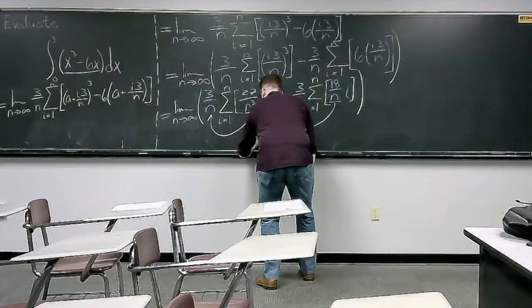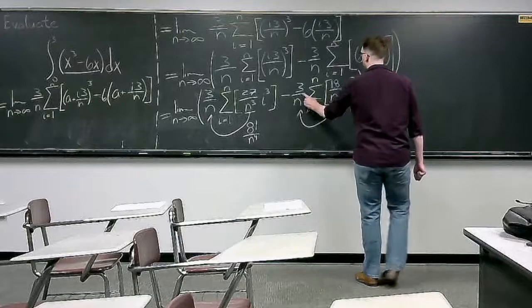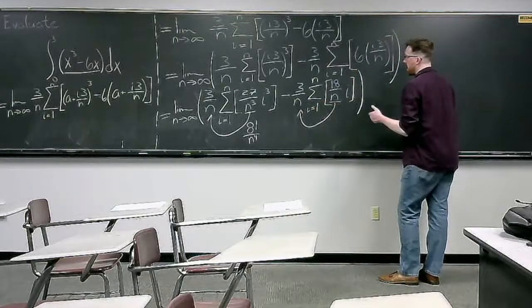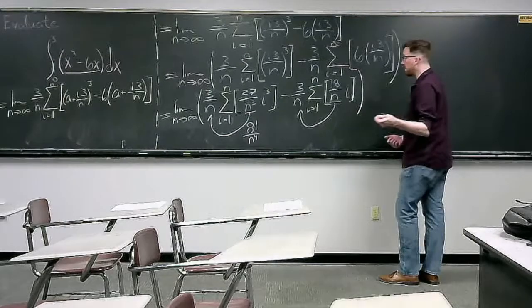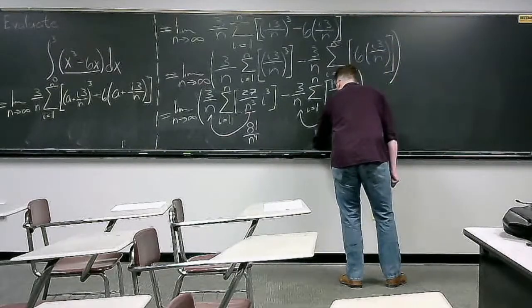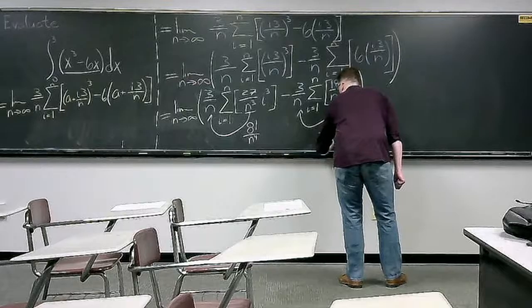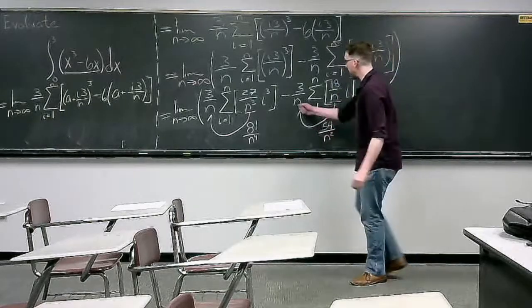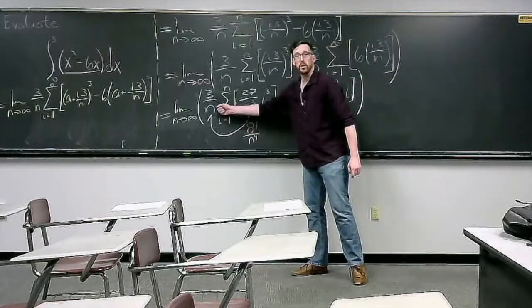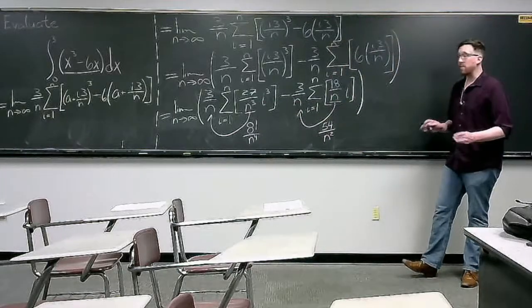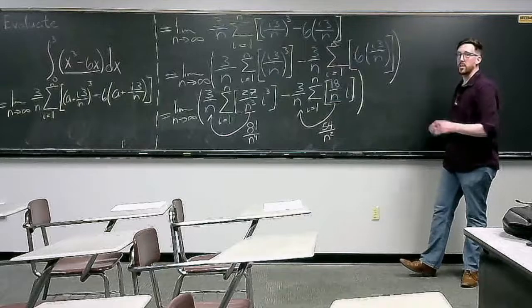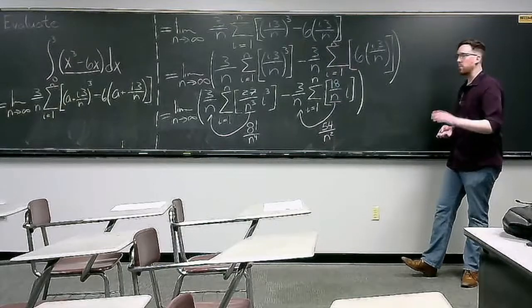And here we're going to have 18 times 3, which is 54, over n squared. And we're going to pull that out front for both of those series, just so that we're left with terms only in terms of i in the interior of those series. You'll see what I mean in just a second.